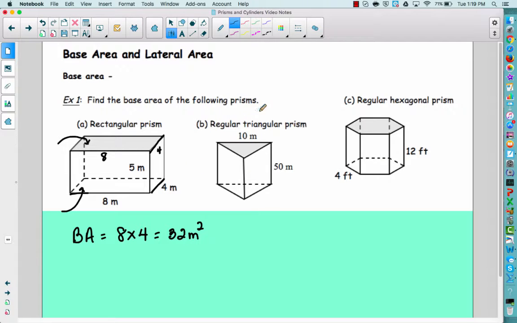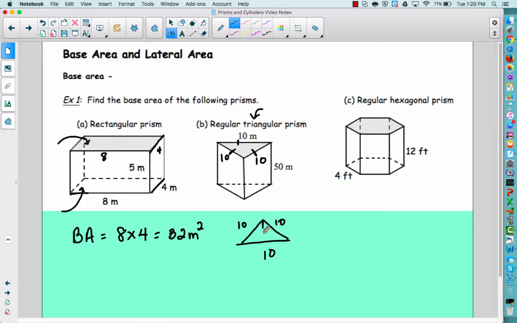Okay, so now we have a regular triangular prism. It says it's regular, which means that these right here are equal to each other, so all of them are 10. Now we've got to find the area of that base. So we have an equilateral triangle because that's what a regular triangle is. So we have 10, 10, and 10.